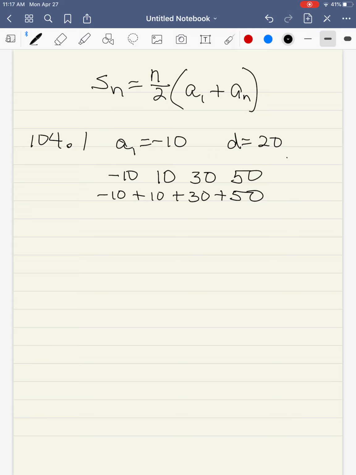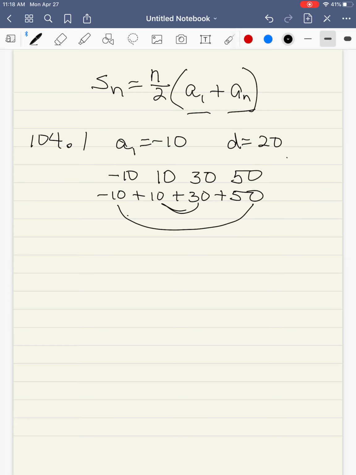All right, so we see that the sum of the first and the last term is 40. And the other two terms, the sum is also 40. So that's half of the 2 pairs, isn't it?